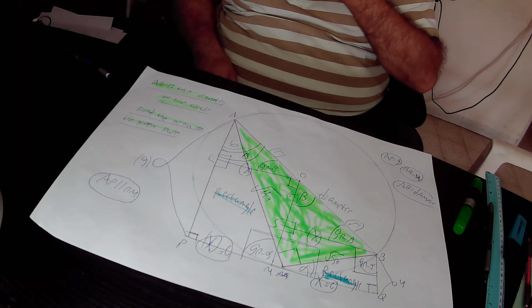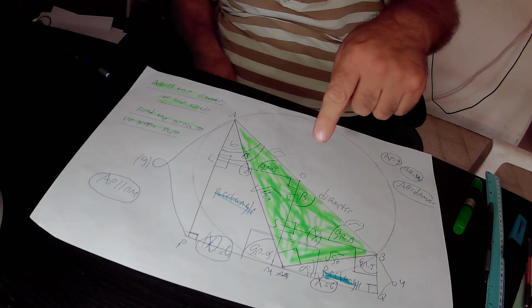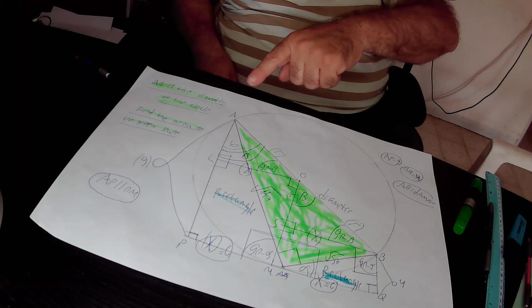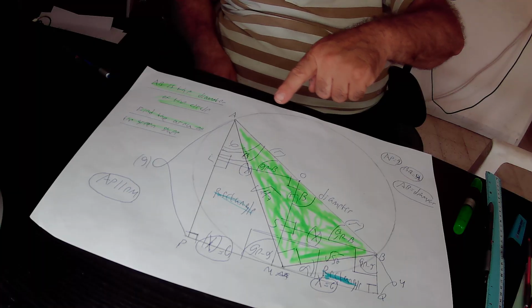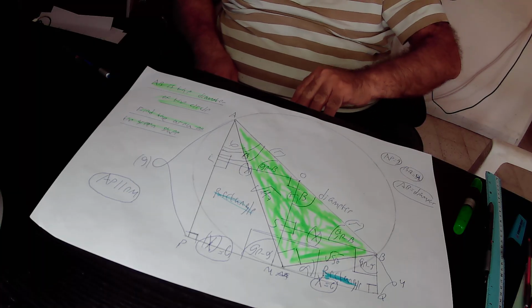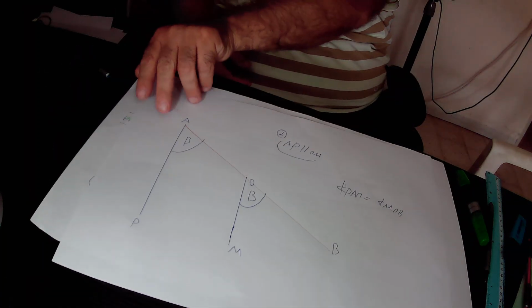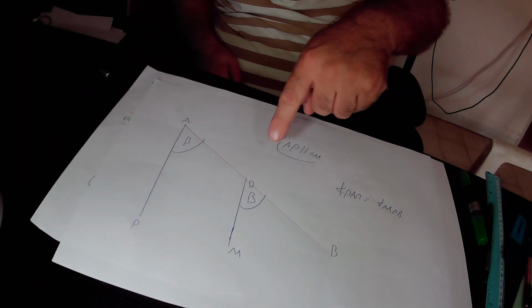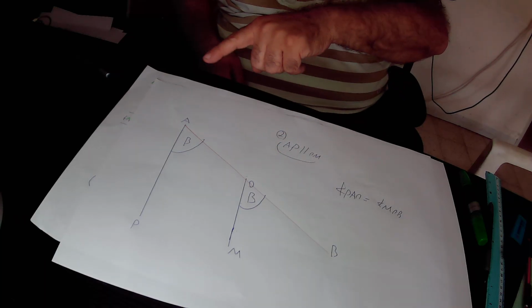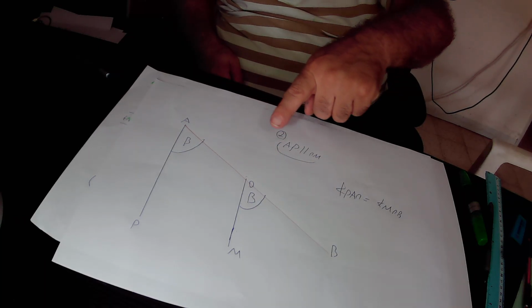In the next step, I copy those two parallel lines AP and OM in a new page, also the radius AOB that cuts them. So this is side AP that is parallel to side OM, and this is the radius AOB.